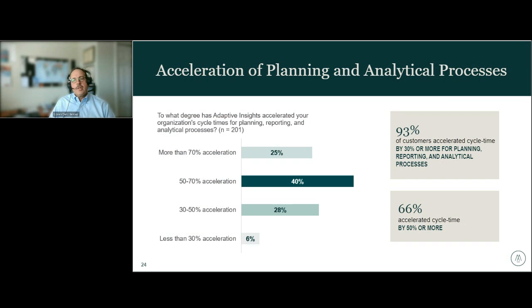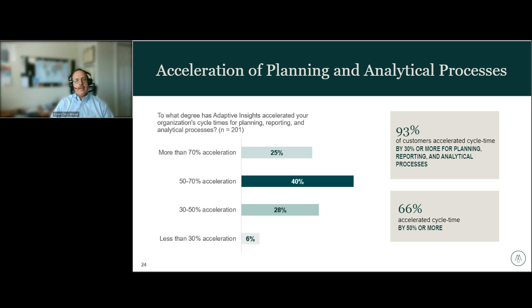So to highlight this, there was a survey that was done a while back, and the results of it were quite insightful, and this whole thing about automation driving rolling forecast and agility and decision-making support. This is showing that up to 93% are seeing a significant improvement.